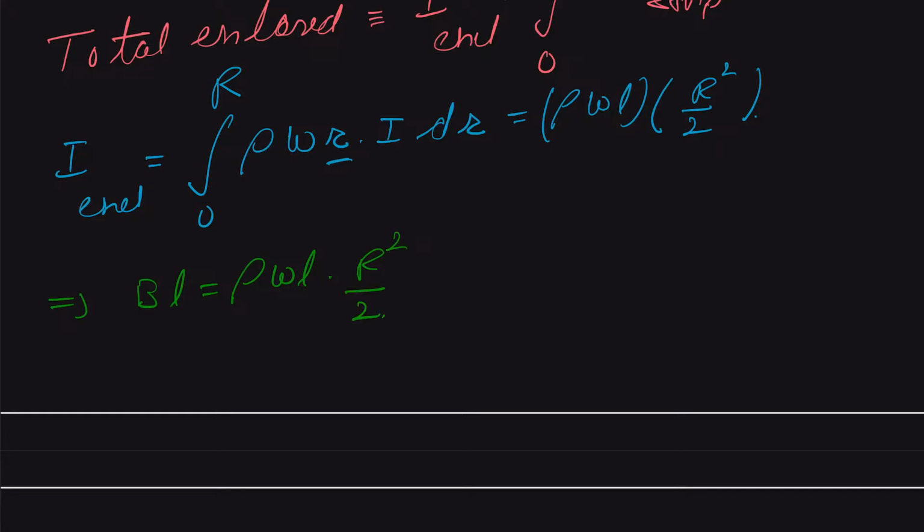The L and length cancel out, so it's quite simple now. B comes as mu naught omega rho R square by 2. So this is the value of our magnetic field.